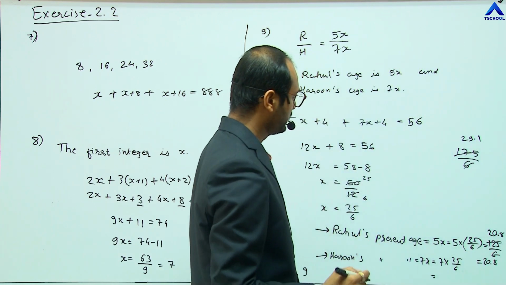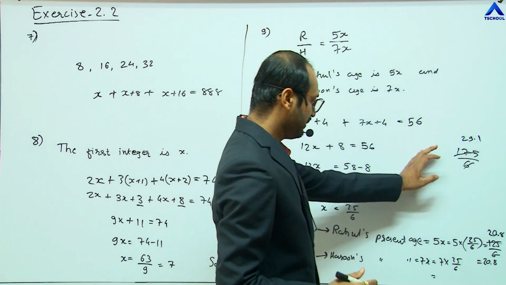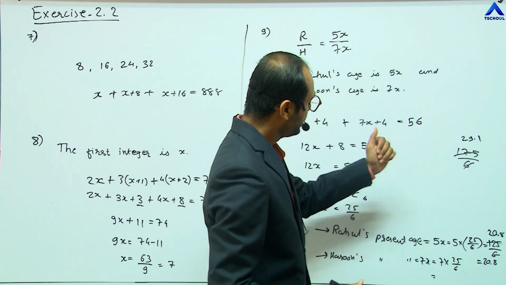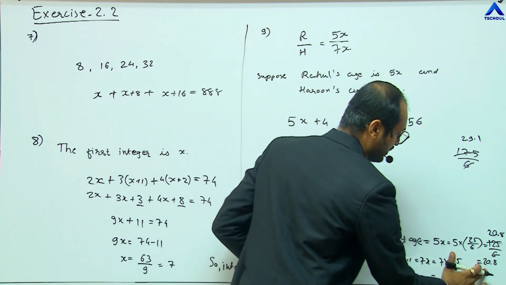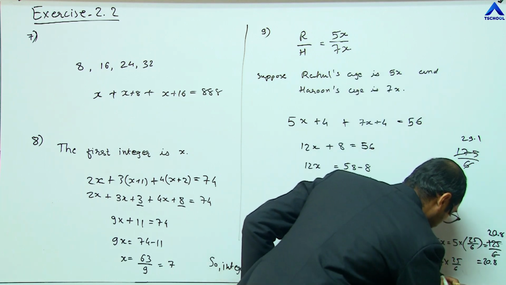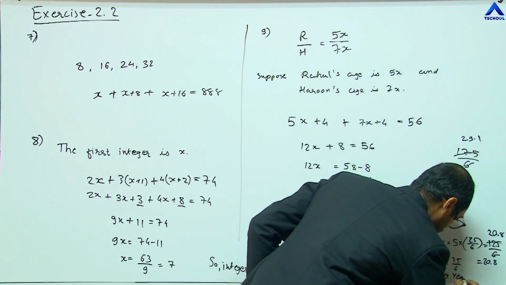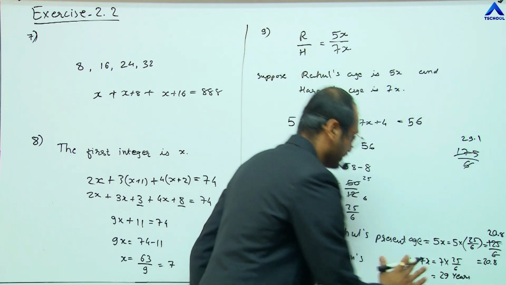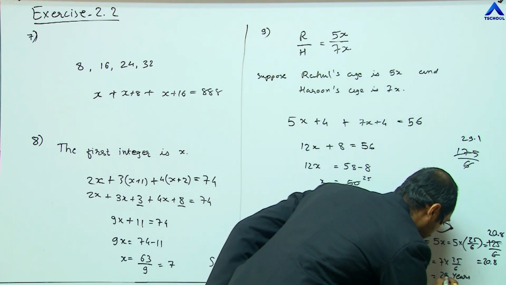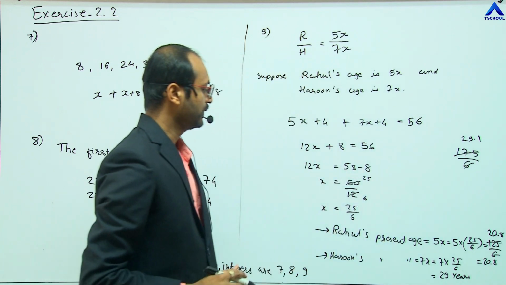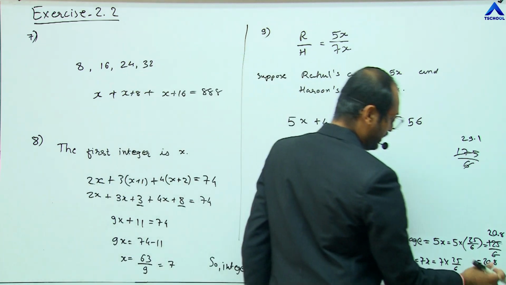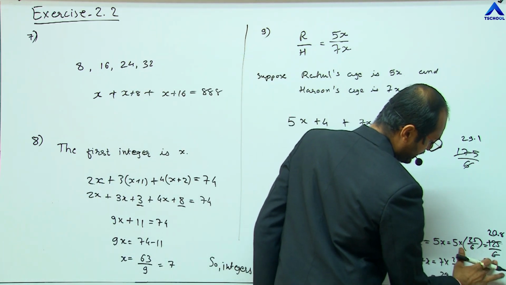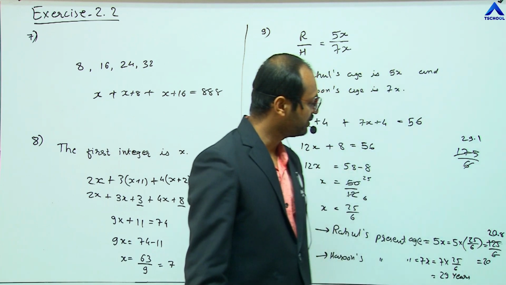29.1 years. Clear? But if we neglect the fraction part, then we get 20 years here and 29 years here. Clear? This is 29. So let us leave this fraction digit.